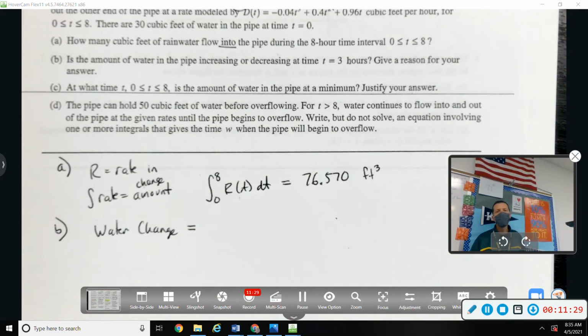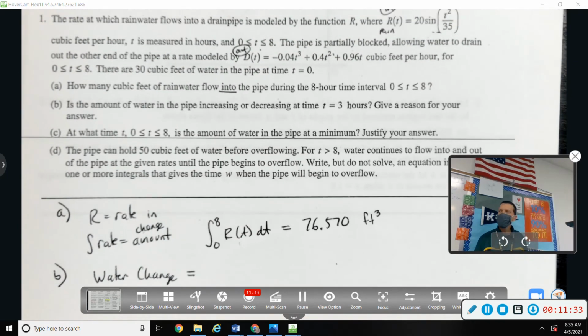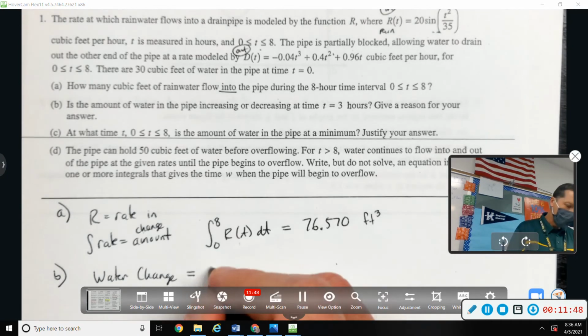What would that be in terms of R and D? R and D are both rates. We want to know about the rate. So R is the amount going in, D is the amount going out. So we'll subtract D from R. R is going in, D is going out.